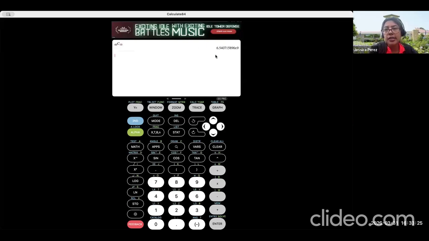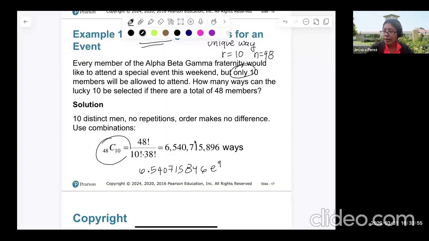And that's going to give us 6.5454 E9. This E9 means 9 units to the right side. Whenever you see E9, it means that you move your decimal place 9 places.